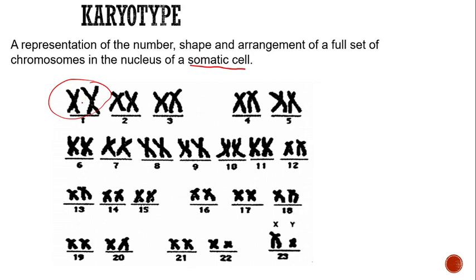Basically they are arranged in pairs. A total of your karyotype is 23 homologous pairs, but the total for all of your chromosomes is 46. They exist in pairs in a karyotype, up until the 23rd one.